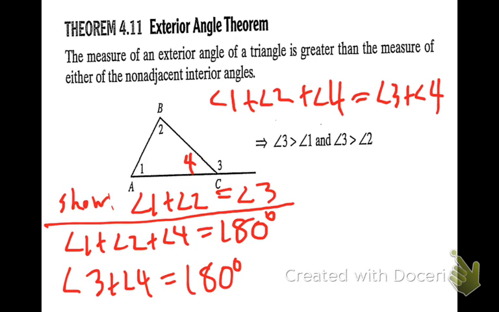Then we subtract angle 4 from both sides, and we're left with angle 1 plus angle 2 equals angle 3. That's the exterior angle theorem. It says the two non-adjacent interior angles, 1 and 2, will equal the exterior angle 3. This should say angle 3, not angle 4.